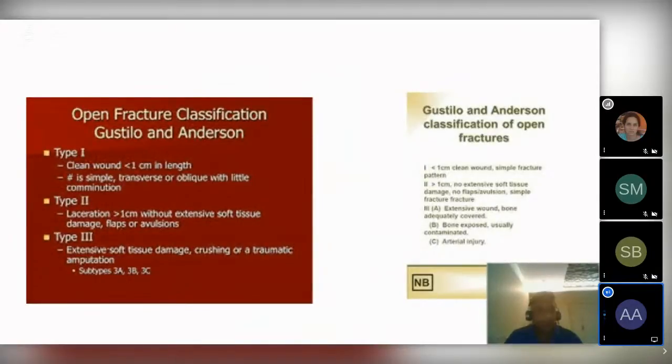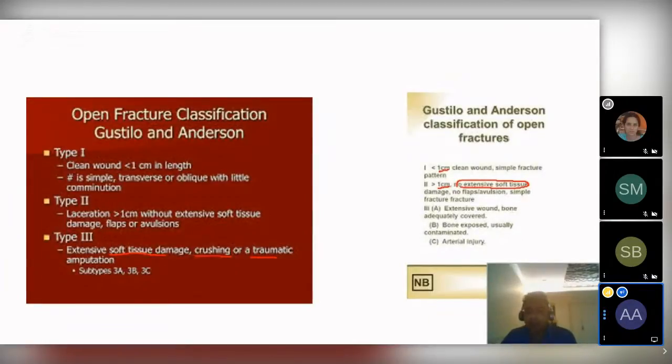Type 3 doesn't go by the size of the wound: extensive soft tissue damage, severe crushing. Type 1 less than 1 centimeter, type 2 more than 1 centimeter, but no extensive soft tissue damage.